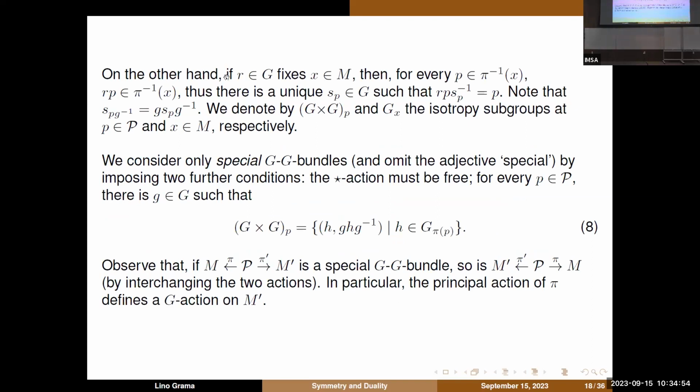If I pick r in G fixed by x, then for every point in the fiber, preserved also, there exists a unique s such that r p s is fixed also. We denote this G times G_p, and this is the isotropy group. And we impose that this action be free.